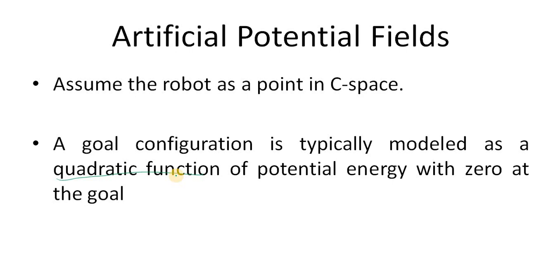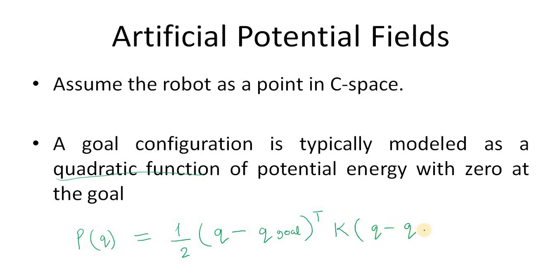And what we do here is we say that, okay, we have a potential which is P, and P of q is equal to 1 by 2 (q minus q goal) transpose K (q minus q goal).